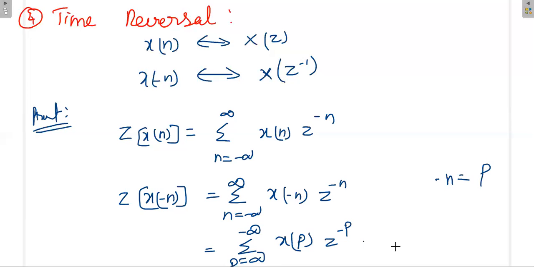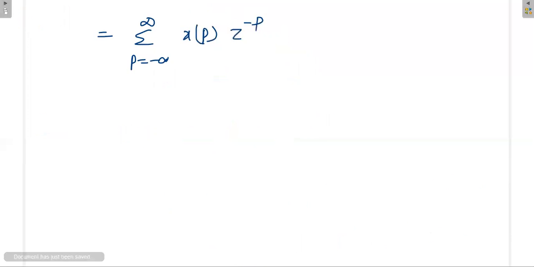Whether the summation goes from infinite to minus infinite or from minus infinite to plus infinite, both are same. So we can write p goes from minus infinite to plus infinite, x of p z power minus p.